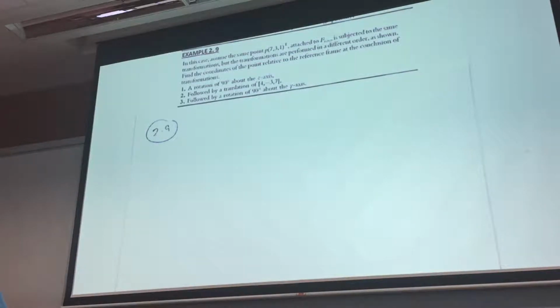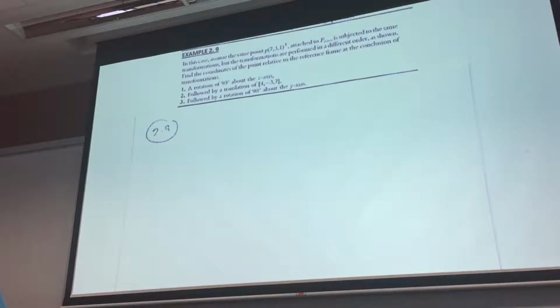Now you have this point attached to this moving frame. It goes through these three sets of sequence. First, you have rotation of 90 degrees about the z-axis, which is a fixed frame. Then you have a translation of 4, minus 3, 7. 4 refers to the x component, minus 3 is the y, 7 is the z component.